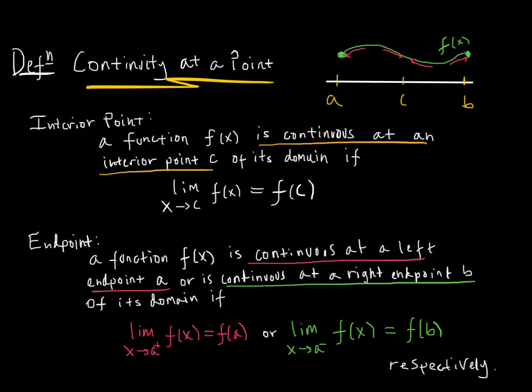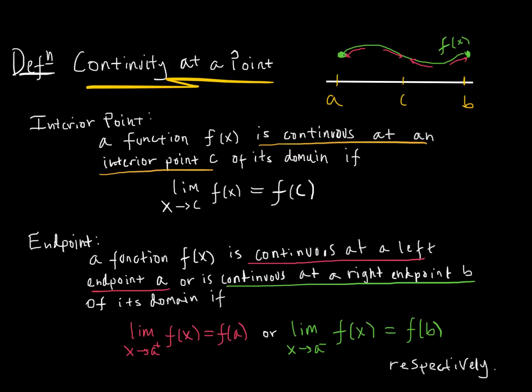Embedded in this are a couple of criteria, actually 3 criteria, and this would be a good thing to write down because sometimes it appears in the form of a question. So what has to be true in order for a function to be continuous? Well, first off, the function actually has to be defined at that particular point, right? If it's undefined when you plug in C, there's no way for it to be continuous.